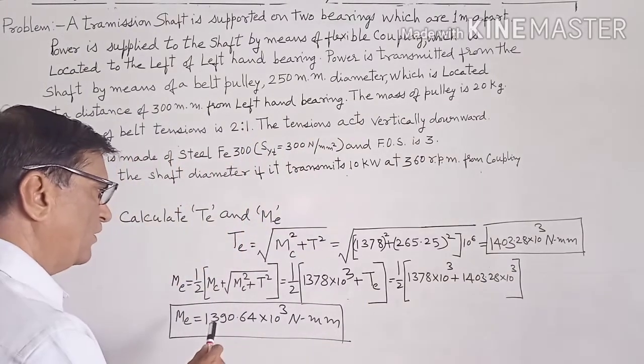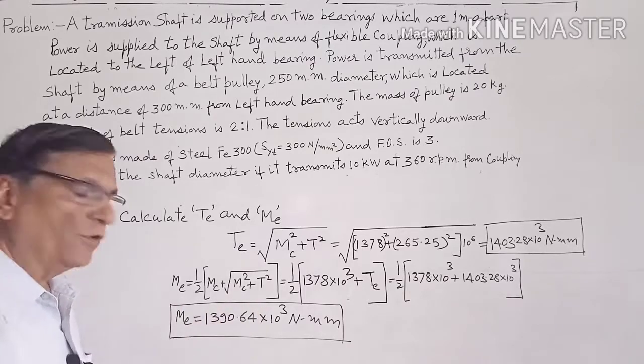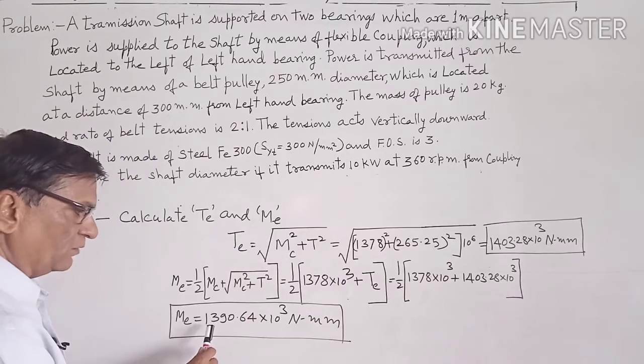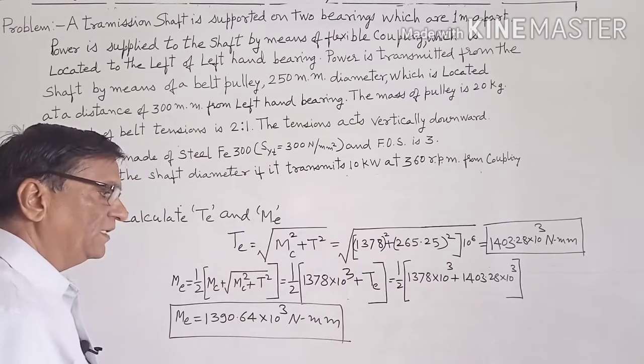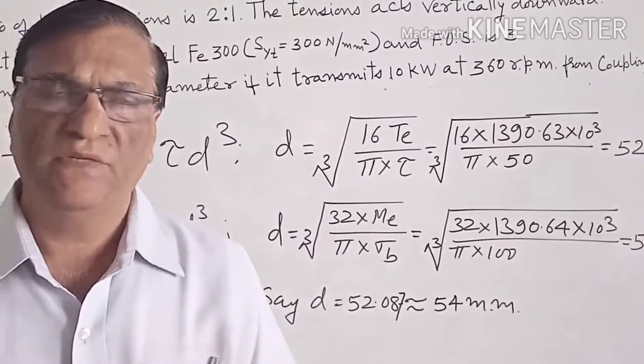And by putting the values of bending moment and torque in the other equation, we calculate the equivalent bending moment, that comes out to be 1390.64 into 10 raised to 3 Newton millimeter. These are the values of Te and Me.